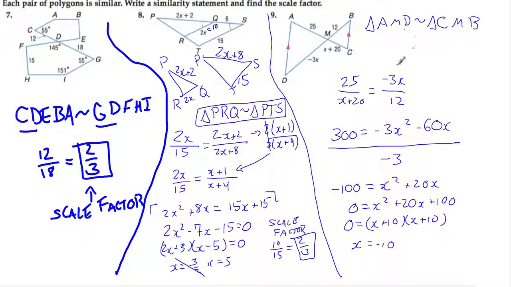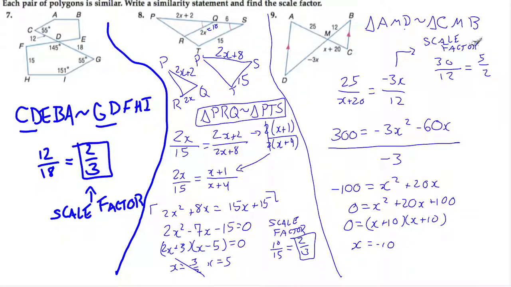And so I can use this and I could say, all right, well, my scale factor is going to be negative 3 times negative 10, which is 30 over 12. Again, they both have a common factor of 6. So this is going to be 5 to 2.